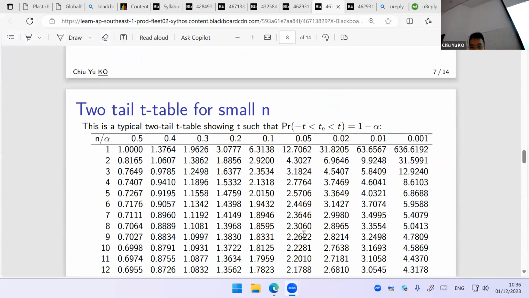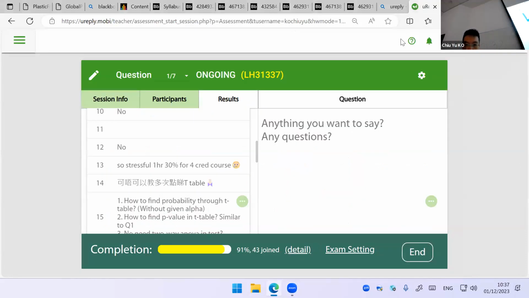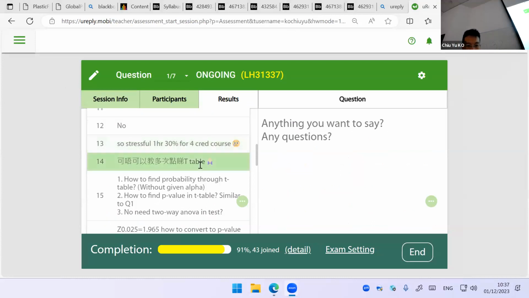I just read this column, 5%. And depending on what we're doing, usually n-1, you read the number of rows. I hope that is clear. Suppose your n is 10, it's there. Do note that you read n-1 or n-2, depending on the situation. But I guess this is relatively clear. Next question.